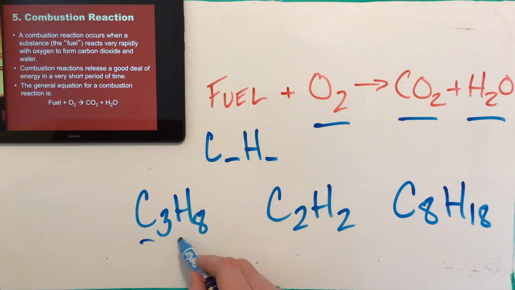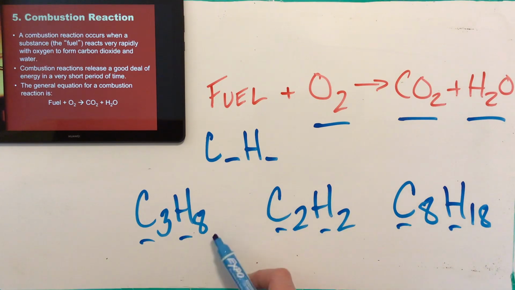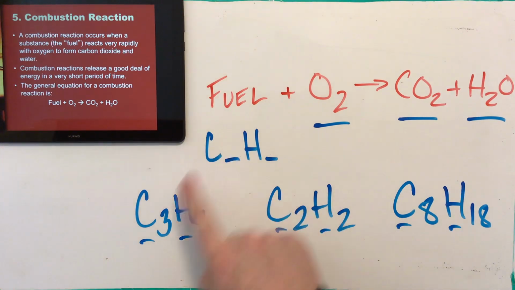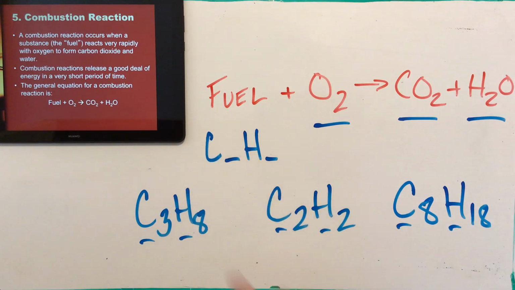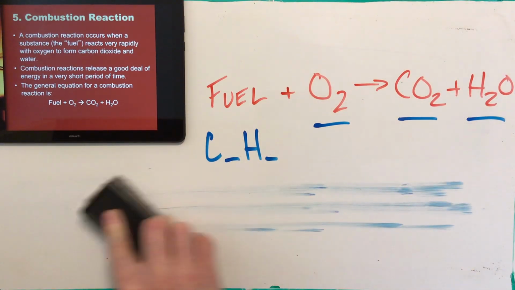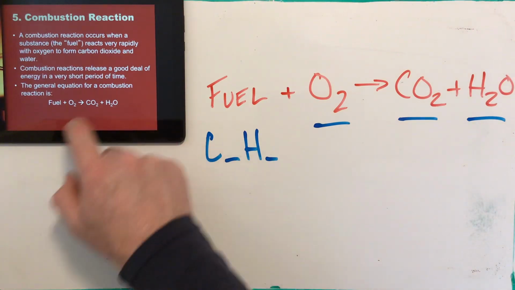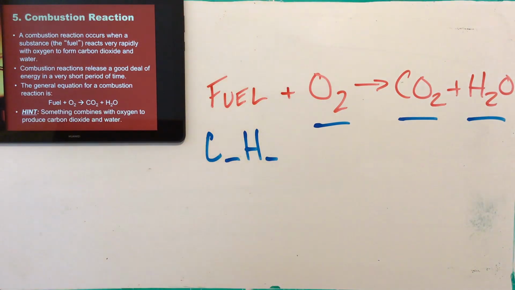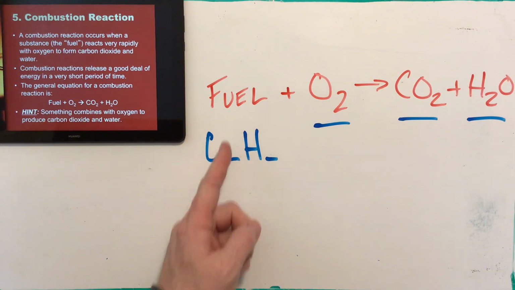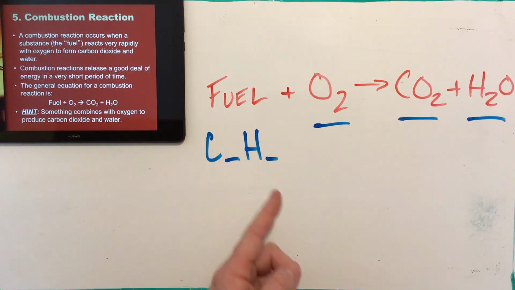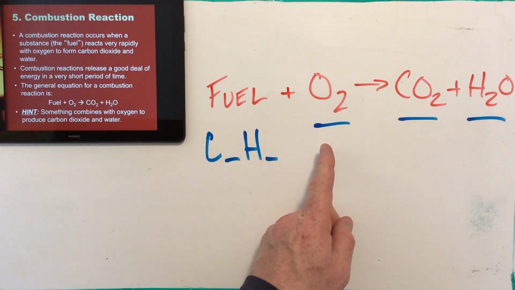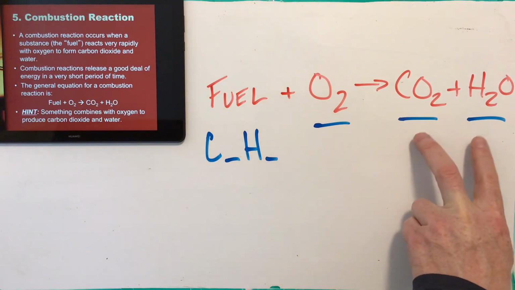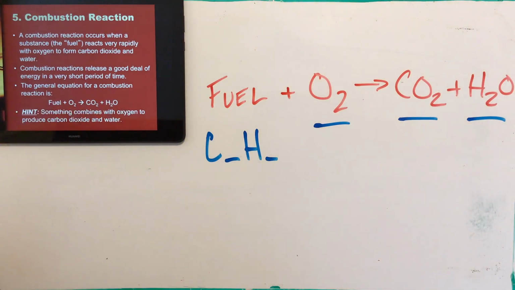But we can see the carbon and hydrogen are the same throughout. It's just the ratio, the numbers, that are changing. All right? So one of these types of things usually ends up here. So the hint is that something, usually with this combination of elements, reacts with oxygen to give us these two products every time. All right?